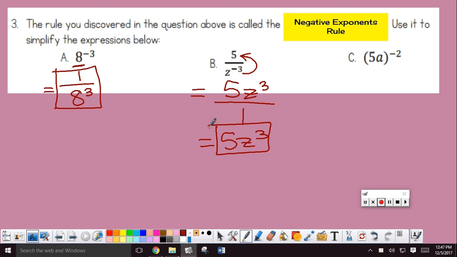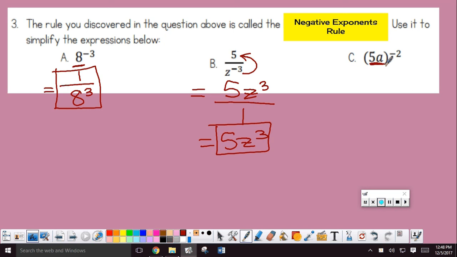Now, I want you to do C by yourself. All right, so what is attached to the negative exponent? 5a, not just the 5, not just the a, but the whole piece, 5a.